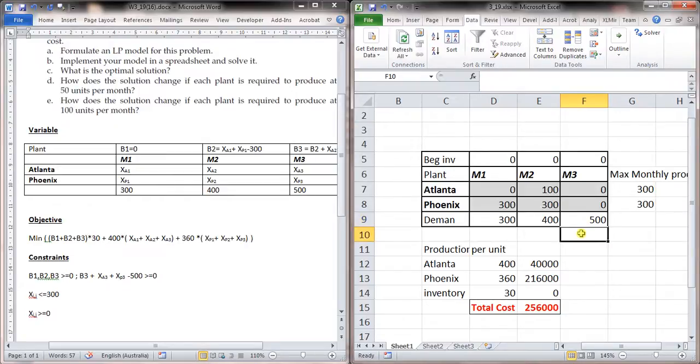So for that, we can create, like, this is the ending inventory of month 3, which is equal to this plus this plus this minus this.